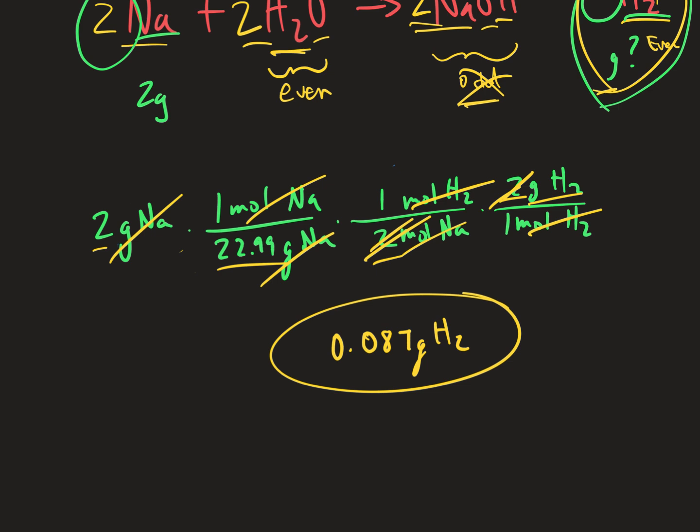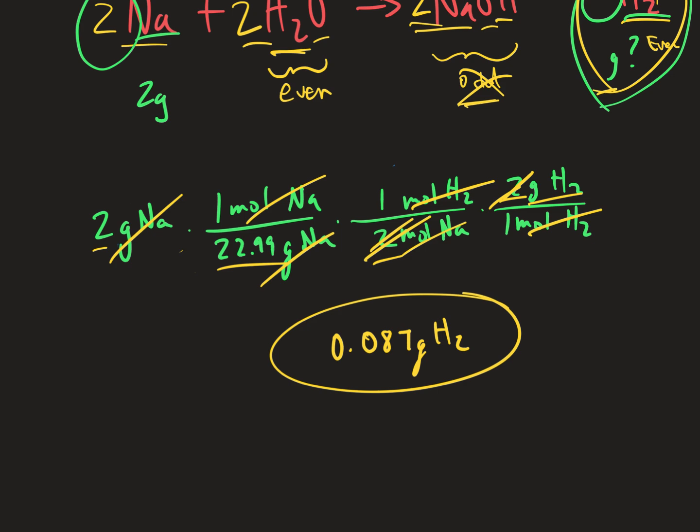We good? But actually, that is kind of a lot, isn't it? Because it's grams, and hydrogen doesn't have a lot of mass. It's 1 gram per mole. Well, anyway. We good?